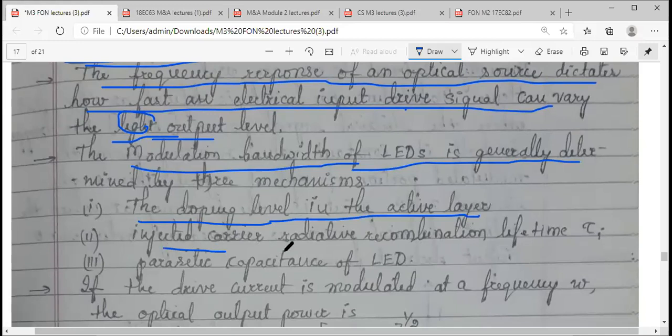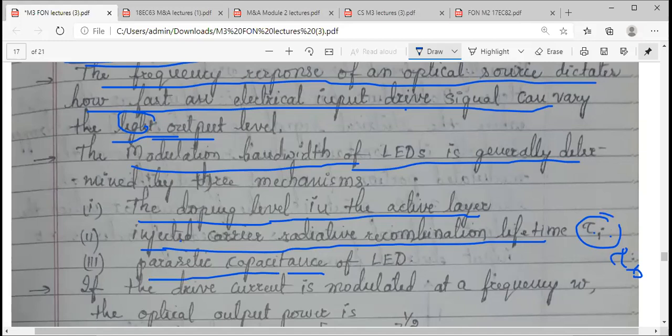Because when you use a semiconductor for fabrication of an LED, you are going for doping obviously, and you are making use of alloy and heterostructure PN junction. So doping level matters in the active region, not in the confinement, in the active region. Second, the injected carrier radiative recombination lifetime. In the previous session, in quantum efficiency, we took it as tau r. Here we are taking it as the injected carrier lifetime tau I. And the third mechanism is parasitic capacitance. We come across different types of capacitors, right?